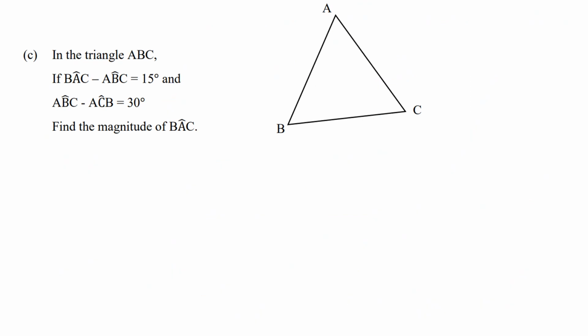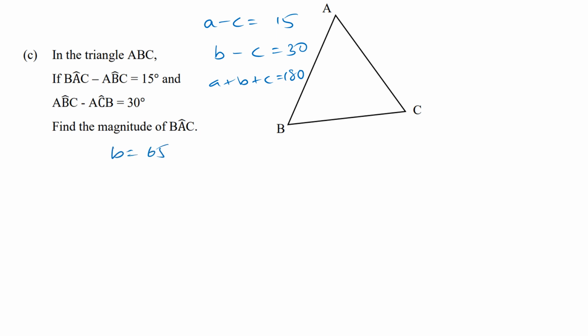Okay, we'll take our equations again. A minus C is 15, B minus C is 30, A plus B plus C is equal to 180, and we found B equals 65.